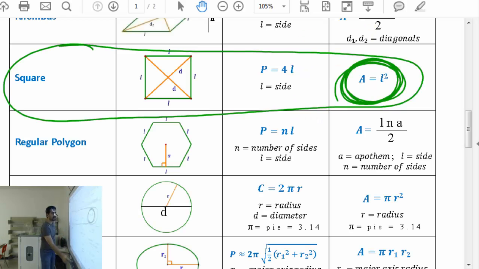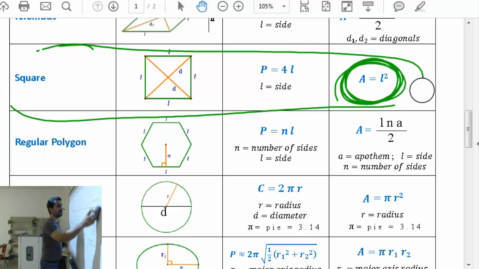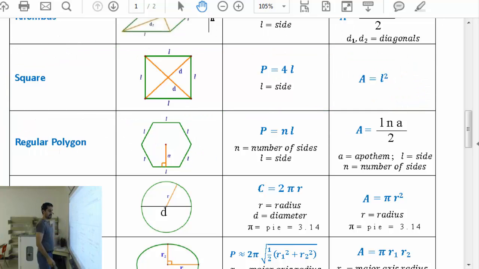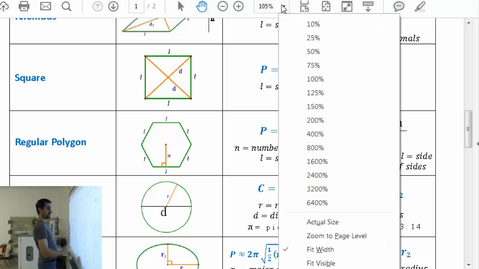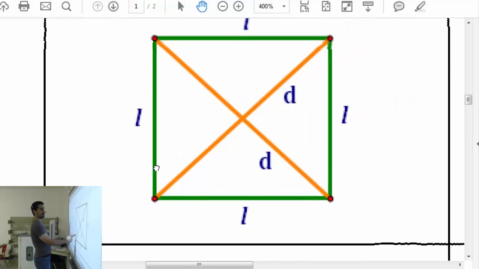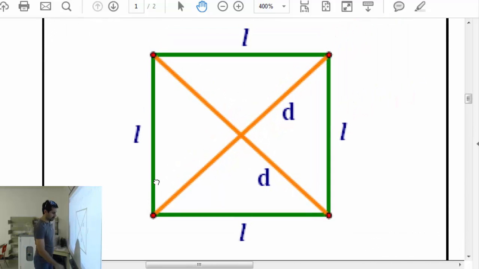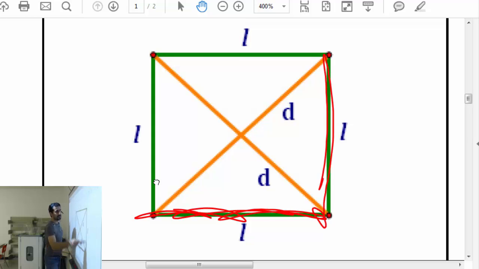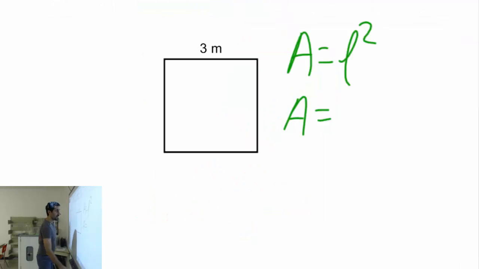I've already forgotten. L is, let's clear this up first. And let's make the picture bigger. Square, the picture's supposed to be here. L means one of the sides. So this is L, that is L, this is L, that is L, one of the sides. So let's go back to the question. L means this.